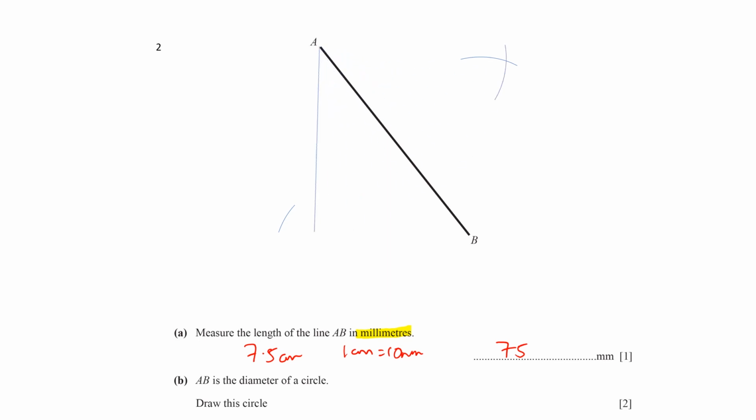Wherever these arcs intersect, just join them. This line is the perpendicular bisector of AB. Where these two lines intersect is called the center of the circle. Keeping that as the center, and A and B as the passing points, we can draw the circle.